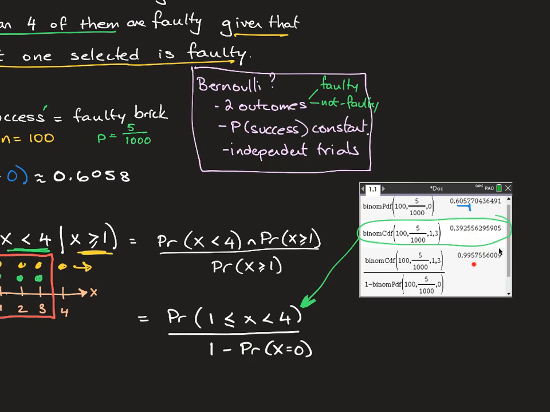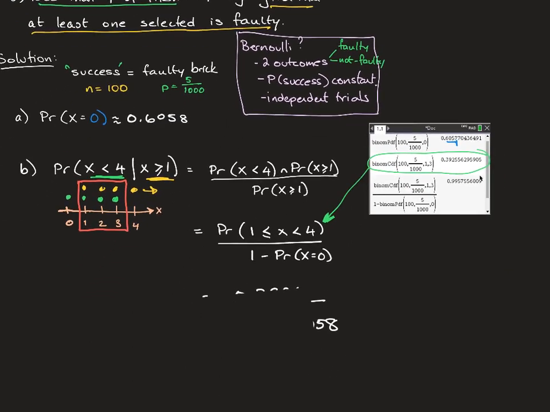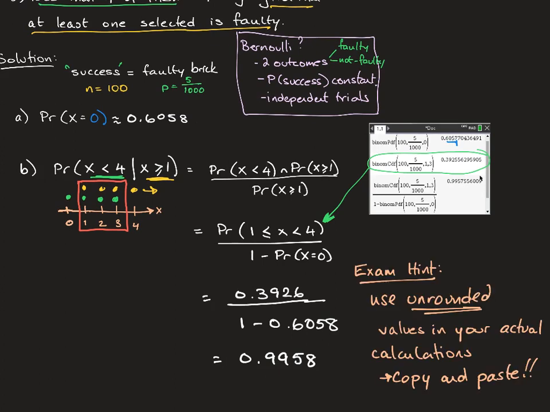Otherwise, you're going to get a rounding error here. My suggestion is do exactly what I've done here. Go up and collect either this or this and then divide it by 1 minus whatever it was. So make sure that if you are giving your answer to a certain number of decimal places, that you don't round too early. And that's what I've done here, to 4 decimal places.